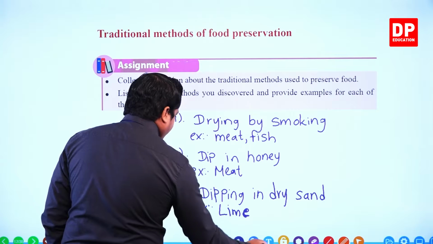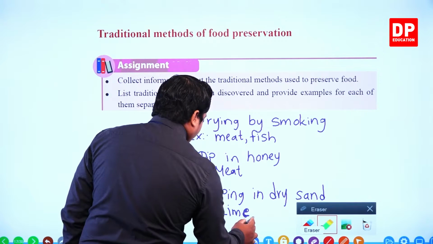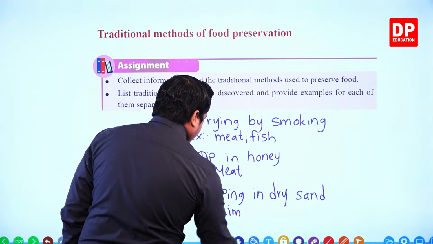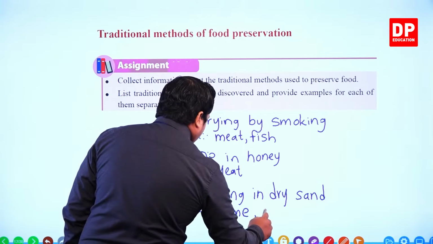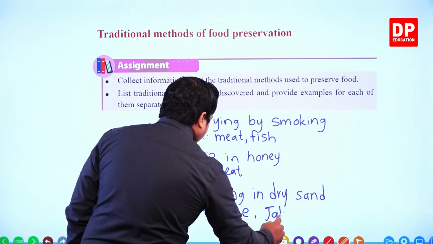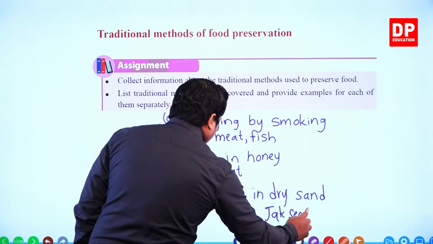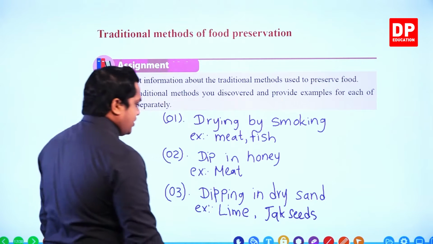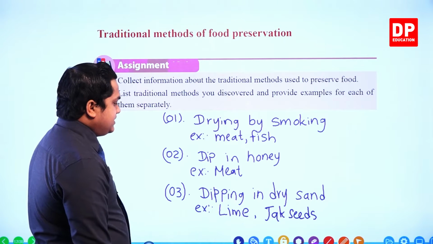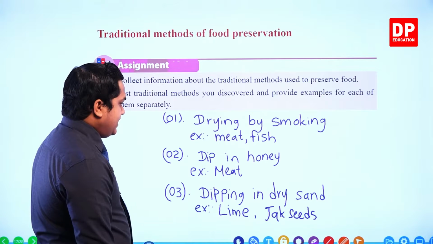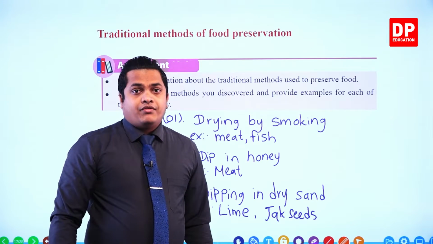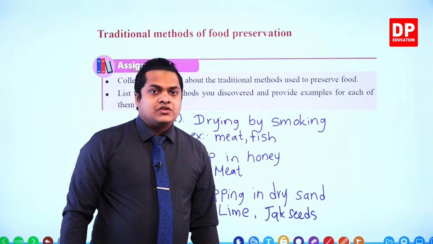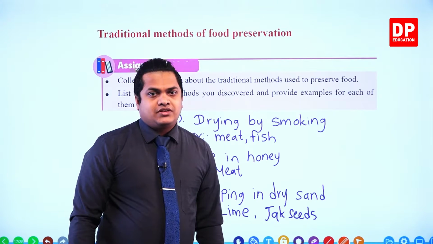Lime and jack seeds. We dip these things in dry sand in order to avoid spoilage. Okay, so these are the traditional things that we can do.